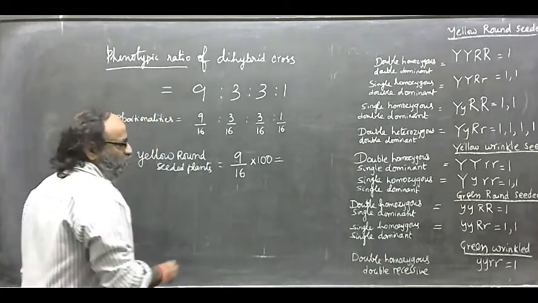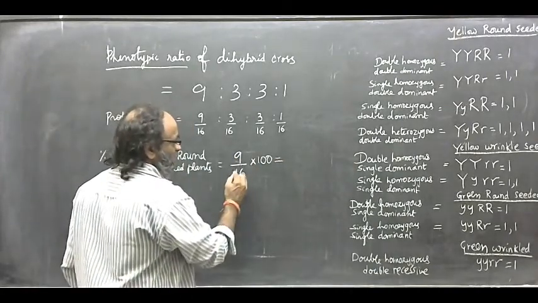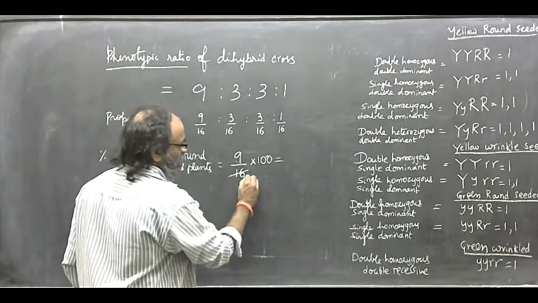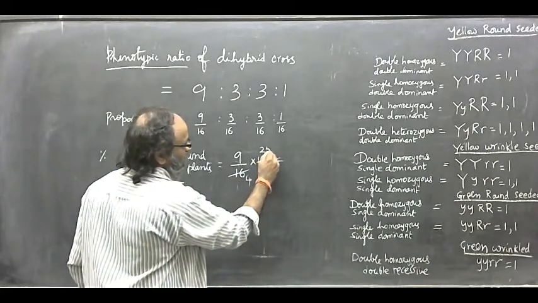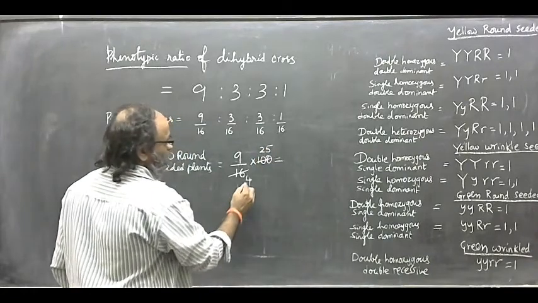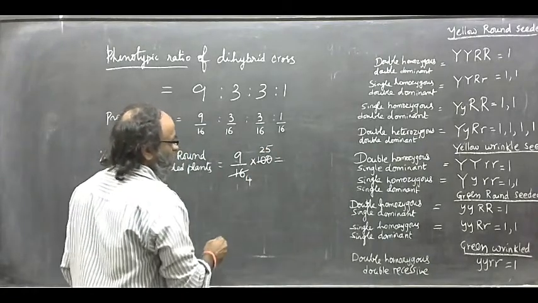It is 4 fours are 16, 4 twenty-fives are 100.